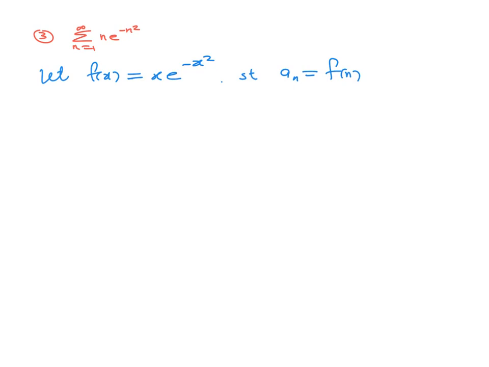So now I'm going to integrate, and I can start anywhere, but I'm going to go from 1 to infinity. I'm going to be safe going from 1 to infinity, of x e to the negative x squared dx. Well, that's equal to the limit as b goes to infinity of the integral from 1 to b of x e to the negative x squared dx.